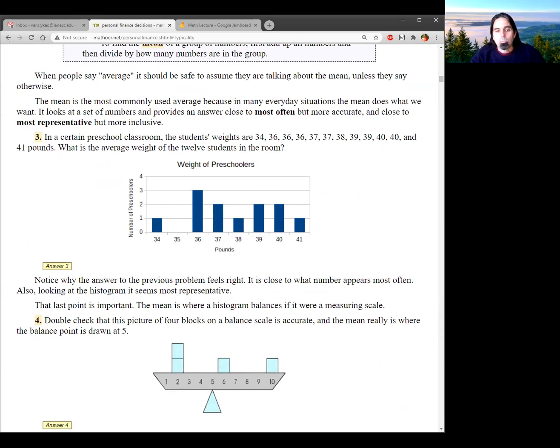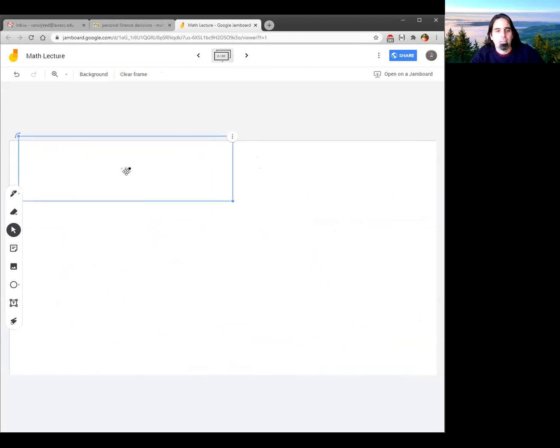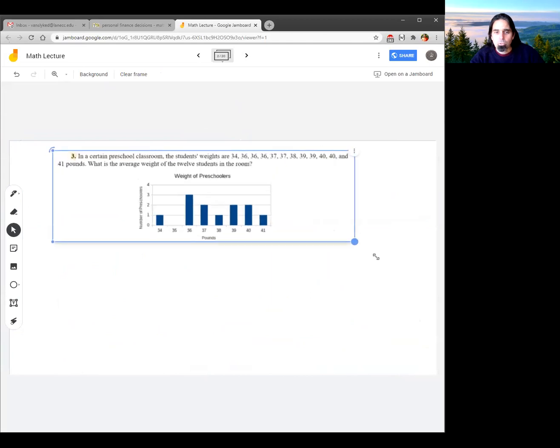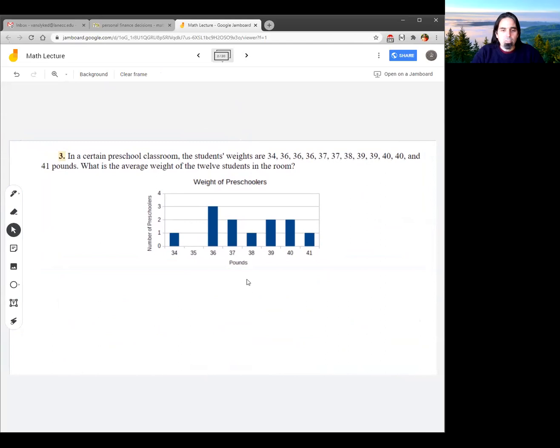So in problem 3, we'll just practice doing this again. A little review doesn't hurt. Here's a graph with preschoolers. So this graph is saying that there is one student that weighs 34 pounds.